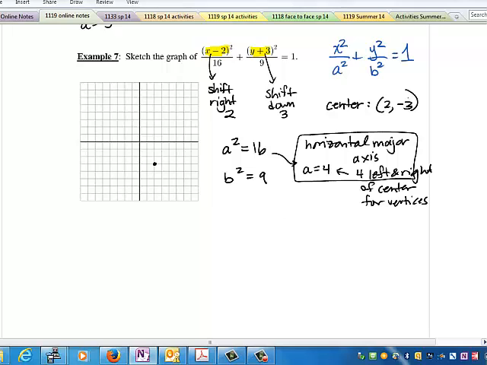So if our center is 2, -3, our vertices are going to move horizontally. So 2 plus or minus 4, still -3 for the y. So that means 2 plus 4 would be 6, -3 for one vertex, and 2 minus 4 would be -2, and then -2, -3 for the other.